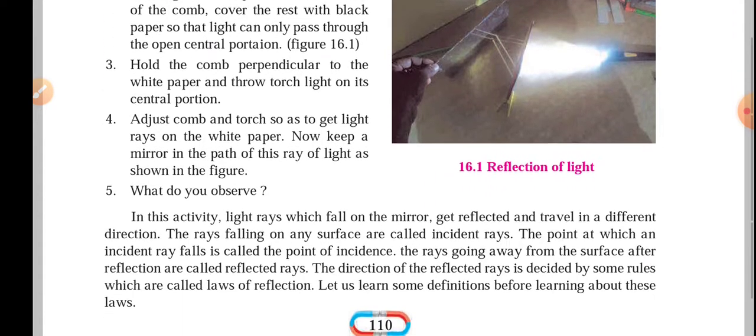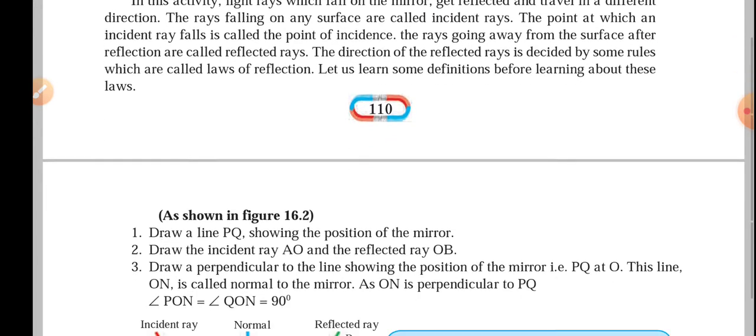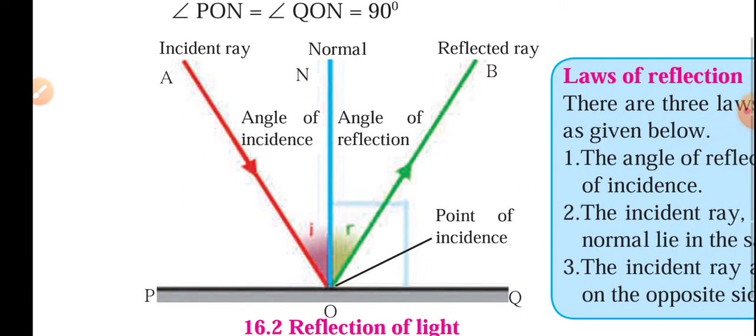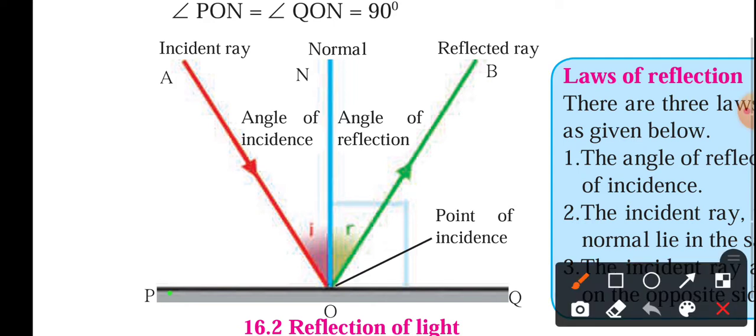Further, to explain this phenomenon, we have this diagram of reflection of light. First we will understand this, and then we will talk about the laws related to it. This is a flat surface, or any surface, on which the light is falling.